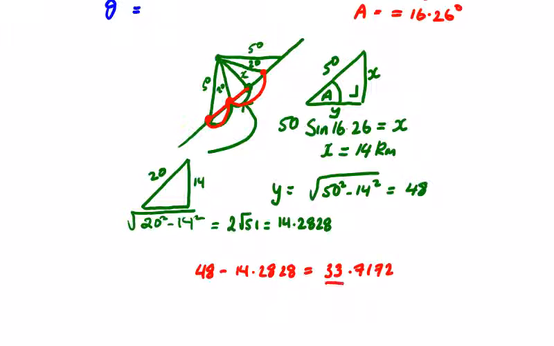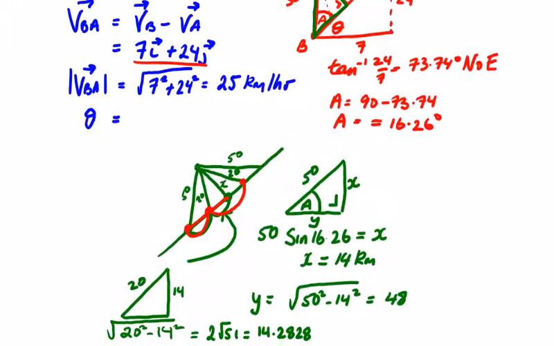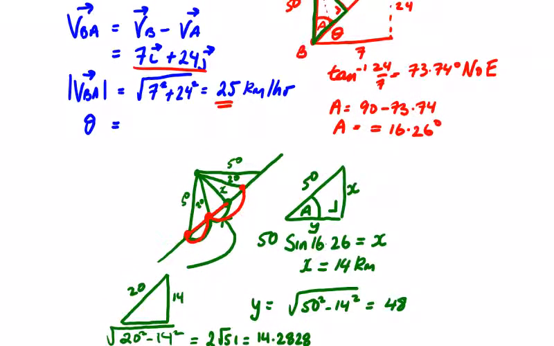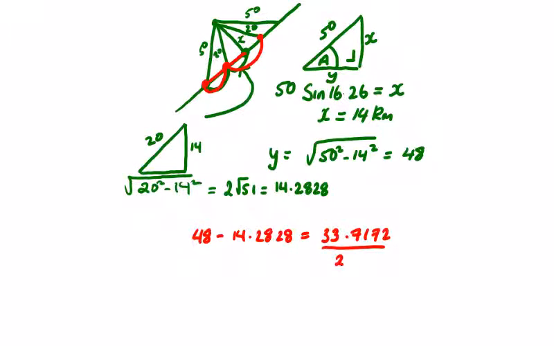And they're traveling at a speed. We got the magnitude, 25. Divide that by 25, we get the time involved here. So this is distance on top, kilometers, divided by speed, which will be time. So the time is 1.348688 hours.